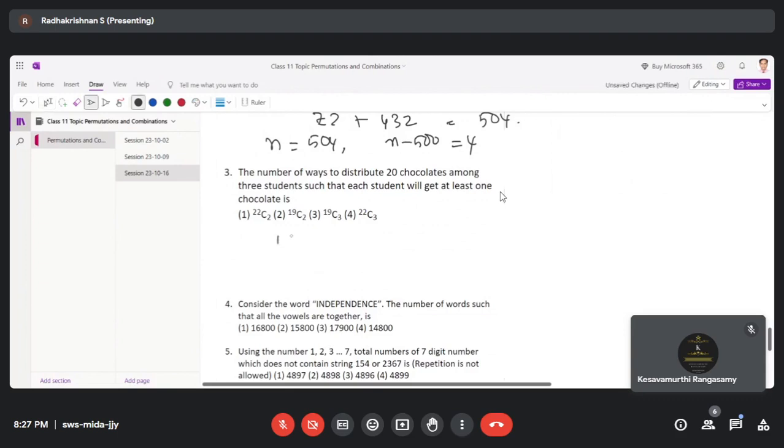See, let's say we put those chocolates here. They're all similar, right? So let's put these chocolates like this. Identical chocolates, 20 chocolates.